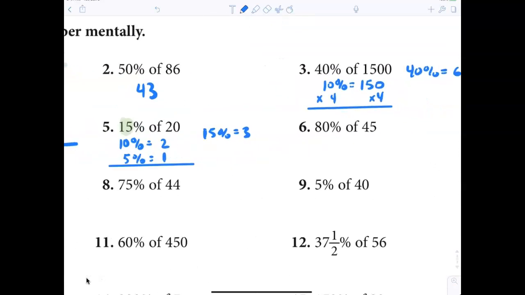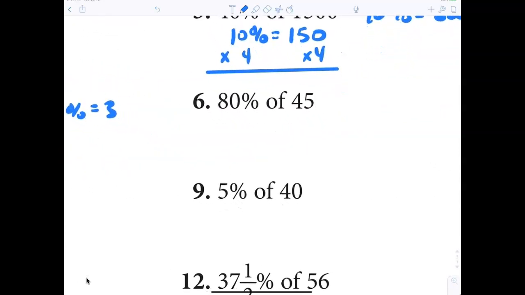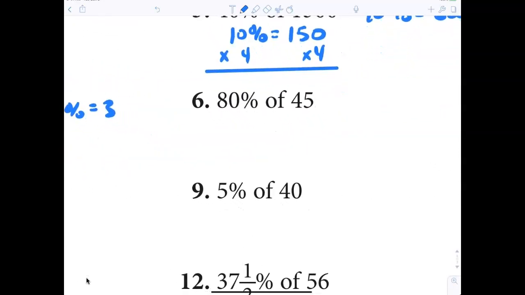Number 6. All right. Tell me. I think 4.5. Yes. So look, 10% again is equal to 4.5.